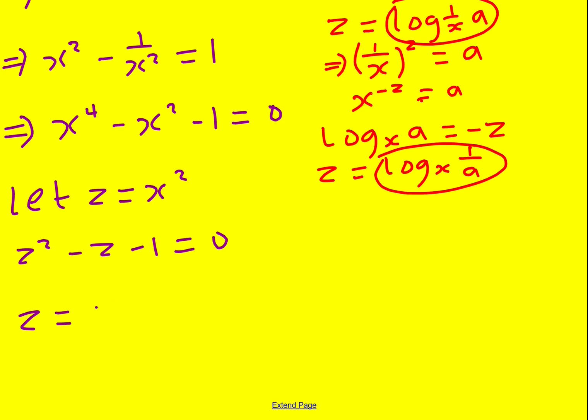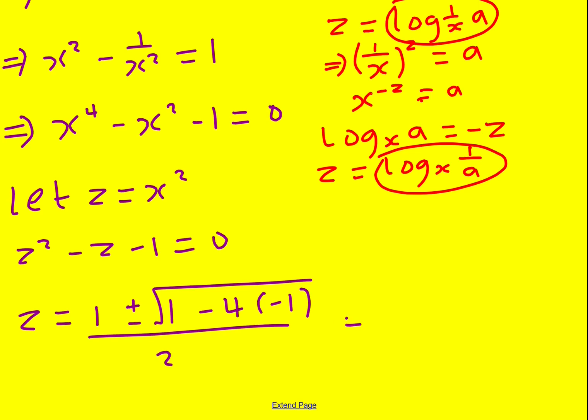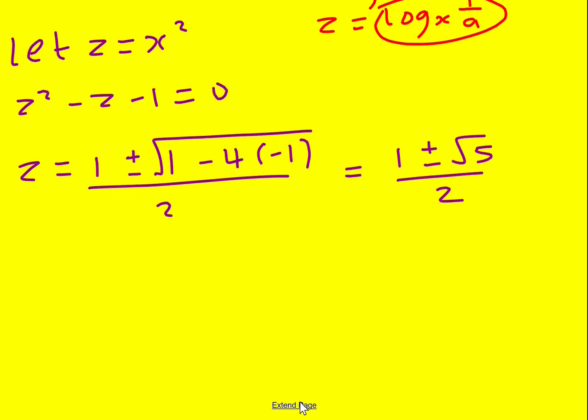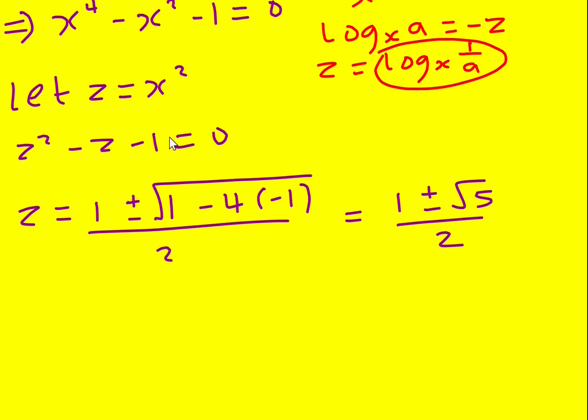So z is going to be minus b plus or minus root b squared minus 4ac, over 2a. So x squared will equal 1 plus root 5 over 2.